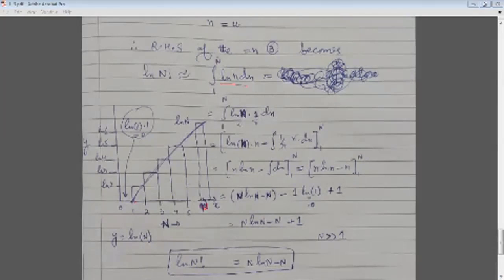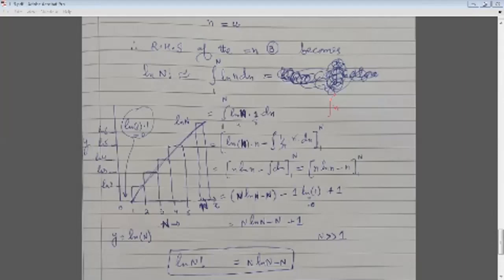So simple integration by parts will be used here, which is the integral of u dv.